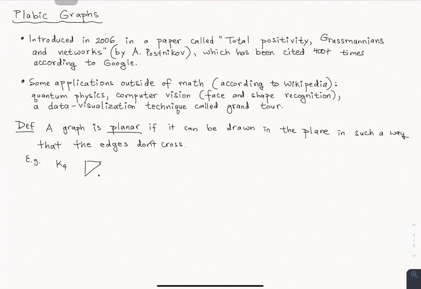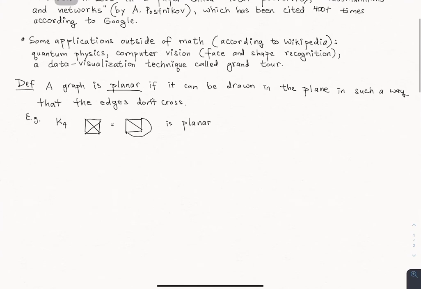Normally, we draw it like this, but we can also draw it in this way instead. So K4 is planar, but K5 is not planar.